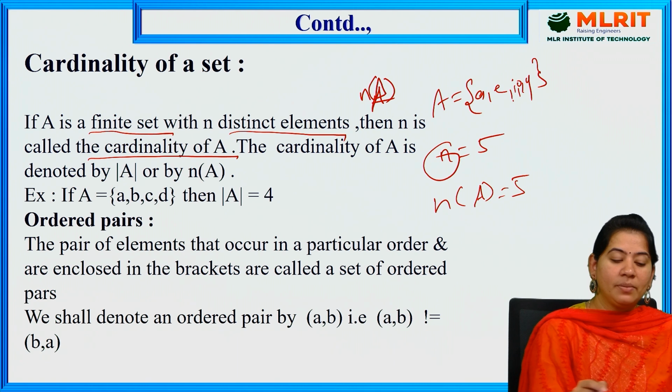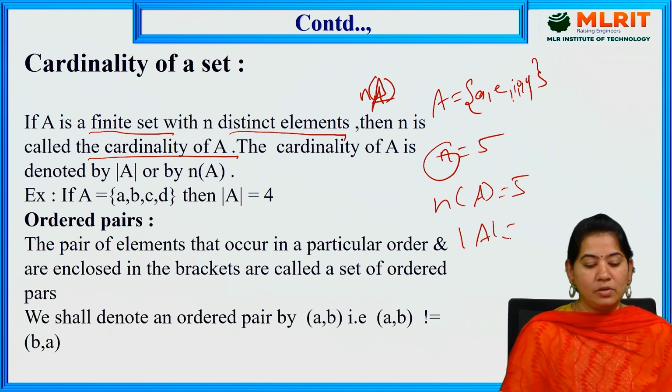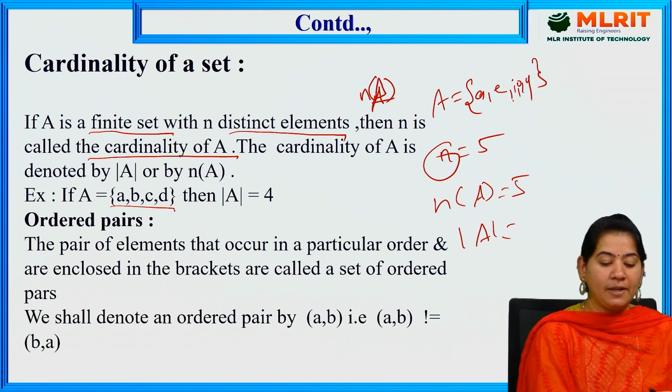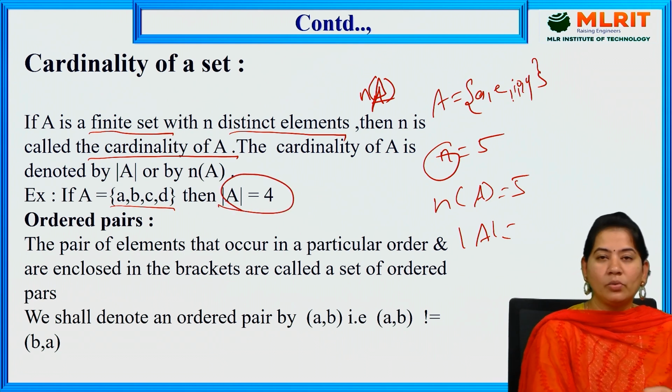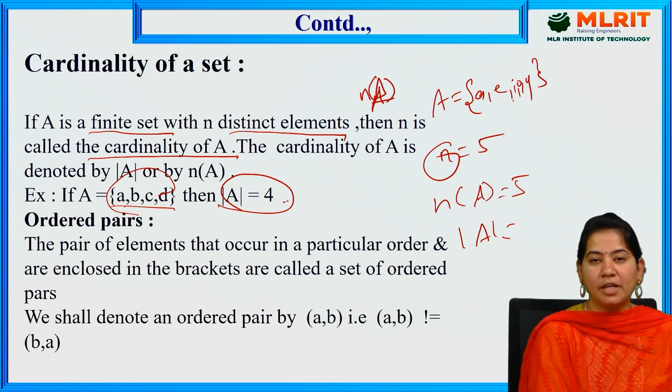It is denoted by n(A), or you can write it as |A| or mod A also. For example, if A = {a, b, c, d}, then |A| = 4, as we have 4 elements.